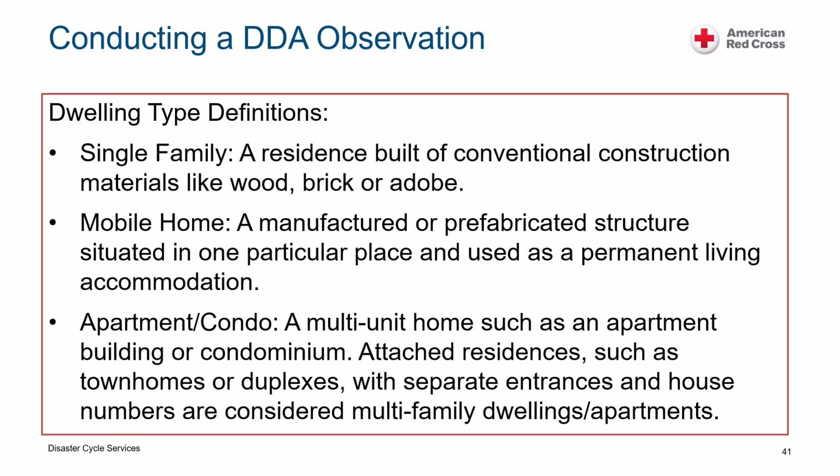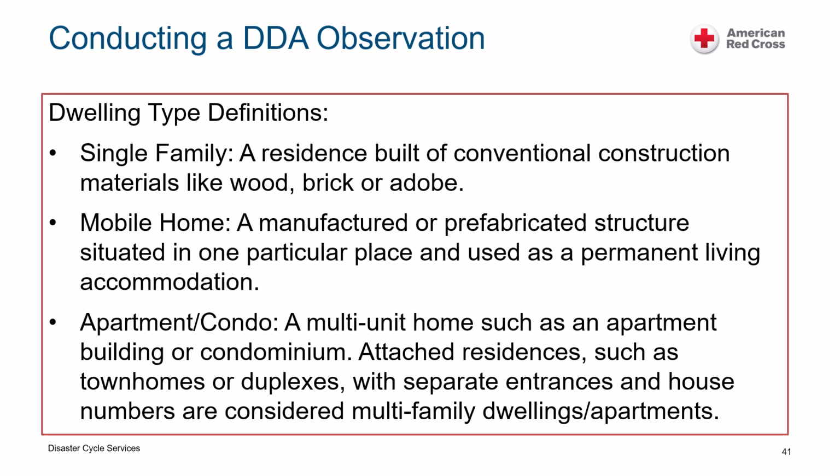A single-family home is a home that is built of conventional construction materials such as wood, brick, or adobe, typically intended for a single household. A mobile home is a manufactured or prefabricated home that is used as a permanent living accommodation at a fixed location.